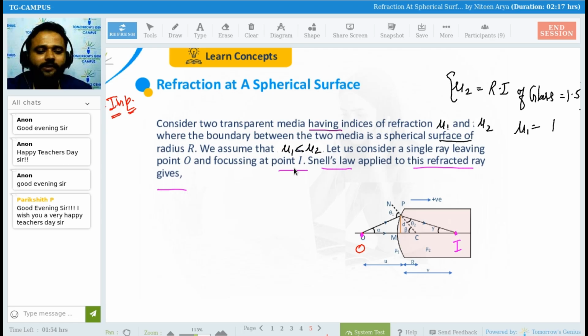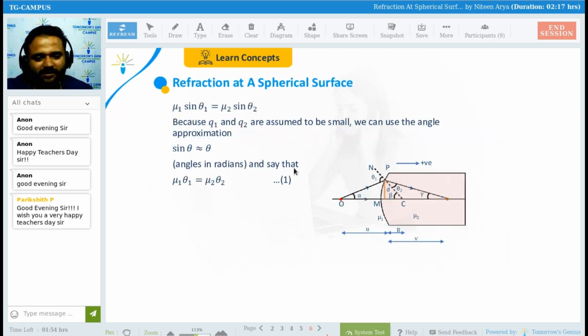On the next page we are going to do a little bit of geometry and mathematics, nothing more than that. According to Snell's law, sin i divided by sin r is mu2 by mu1.